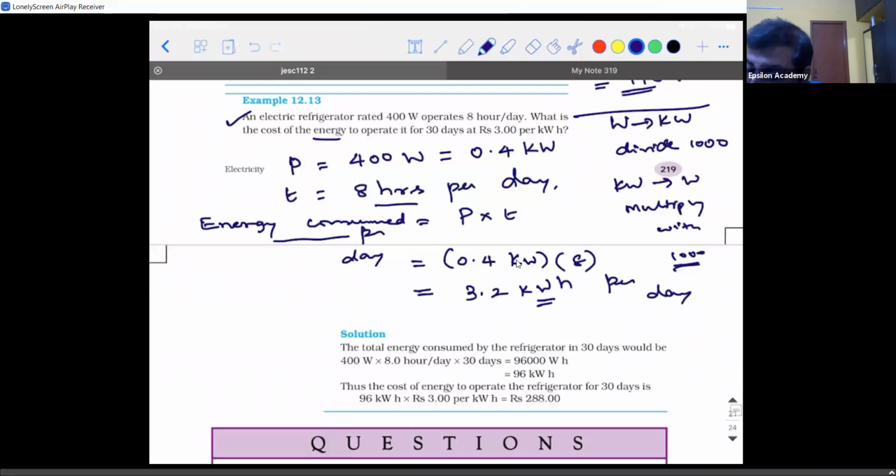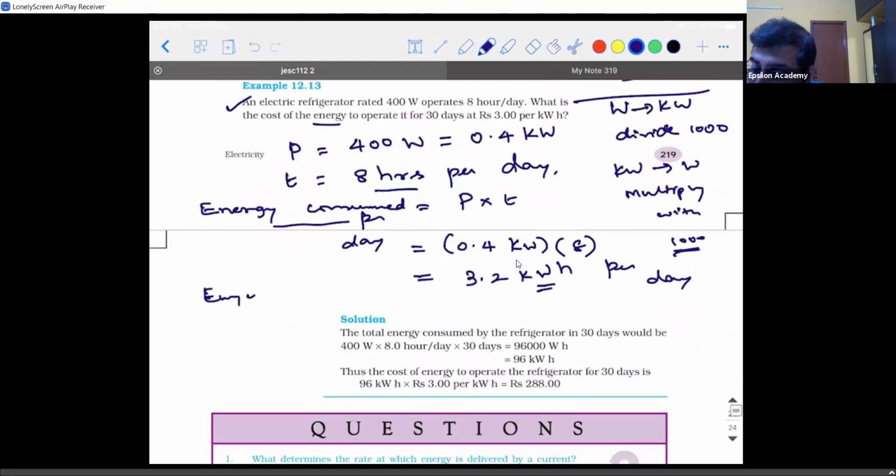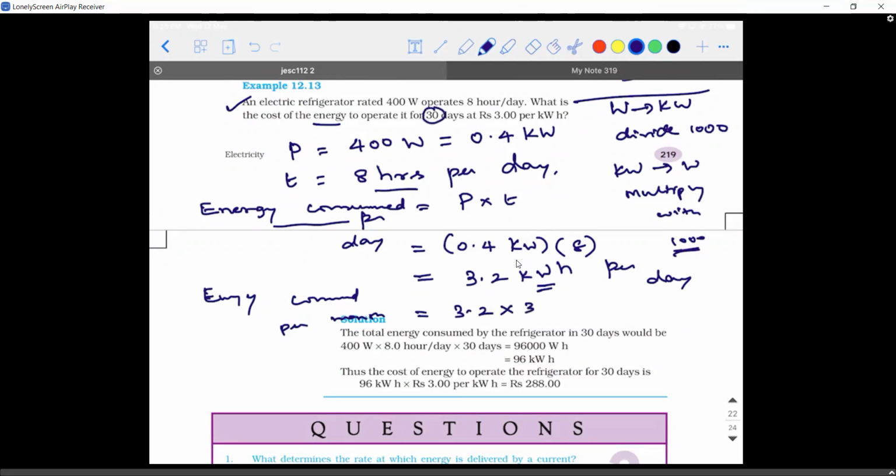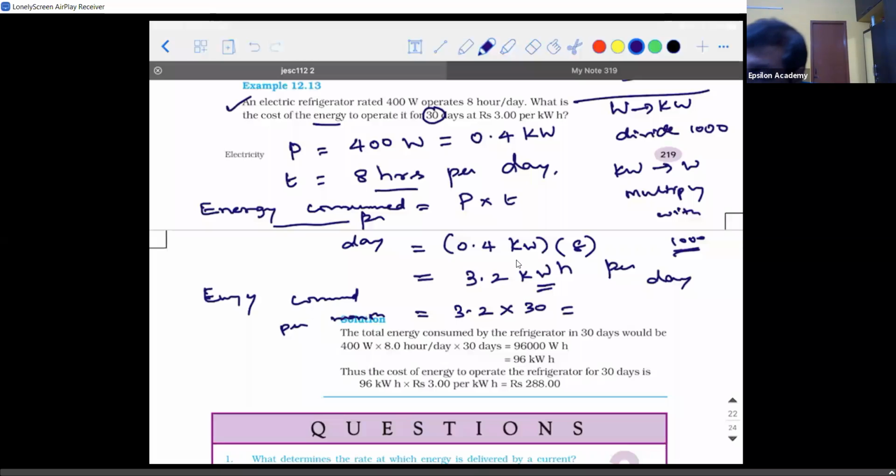Then what will be the energy consumed per month? Guys, tell me. It is 3.2 into how many days? 30, sir. Then how much is it? 96 kilowatt hour.